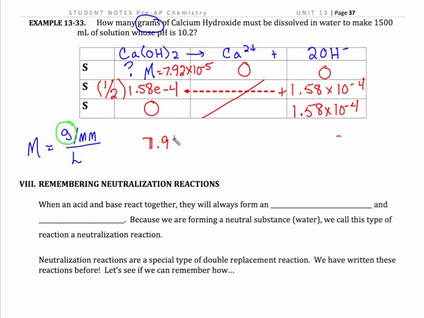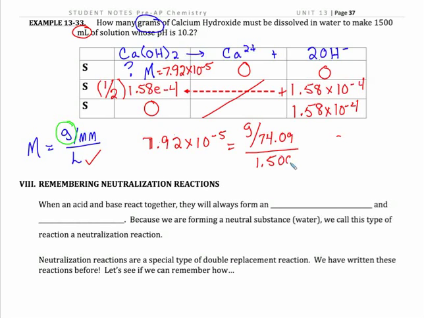I have to get to grams. So I'm going to take that 7.92 times 10 to the minus 5th, mass over molar mass. My molar mass of calcium hydroxide, according to my little app on my iPhone, is this. I can't put milliliters.